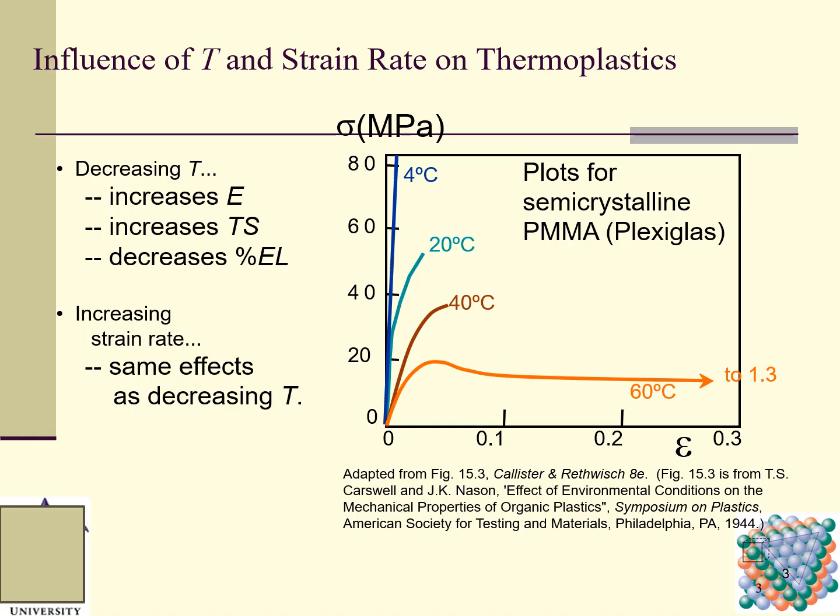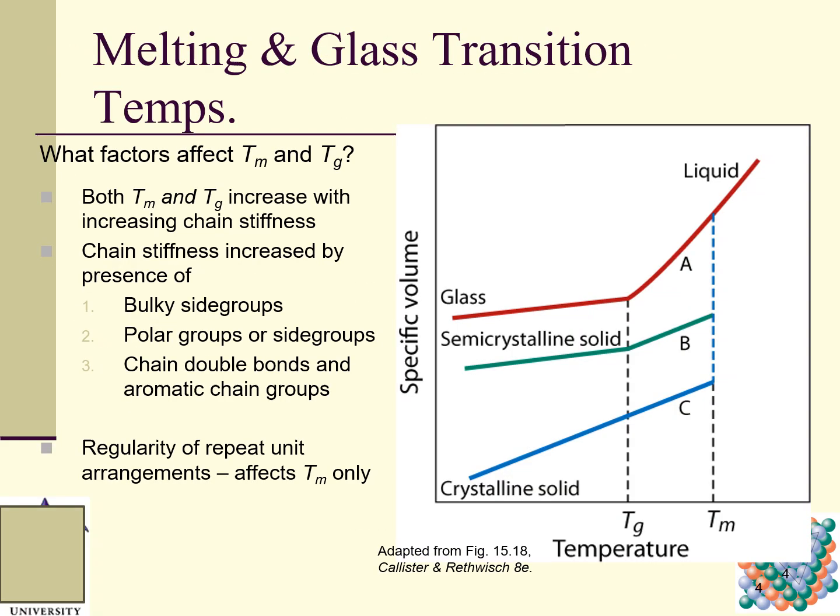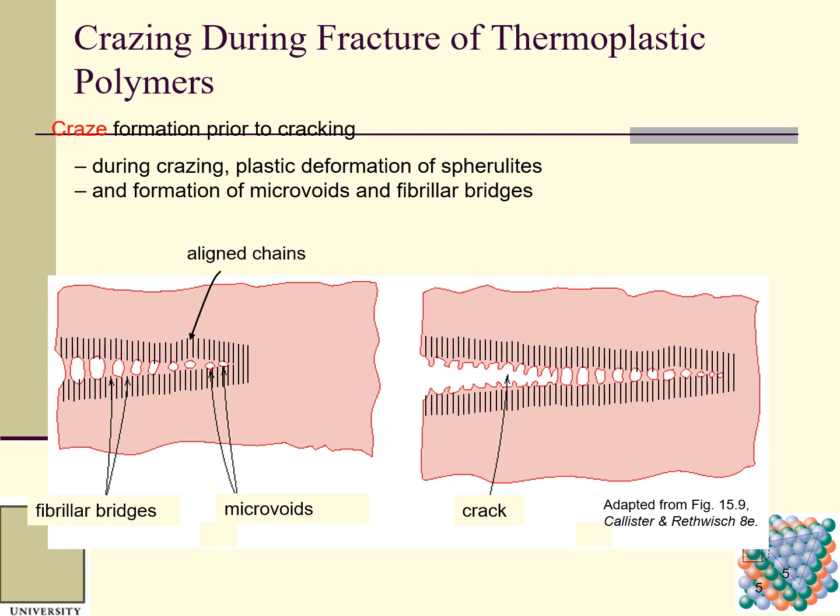From this figure you can conclude that if we increase the temperature, the material becomes softer and more ductile, and increasing strain rate has the same effect as decreasing temperature. Then we talked about melting and glass transition temperatures, and then crazing.